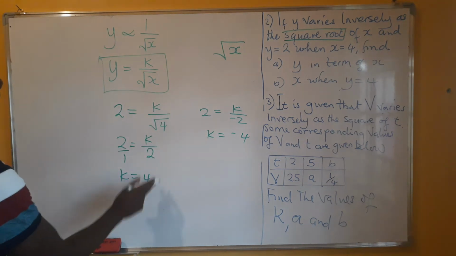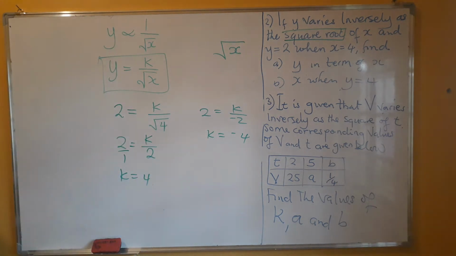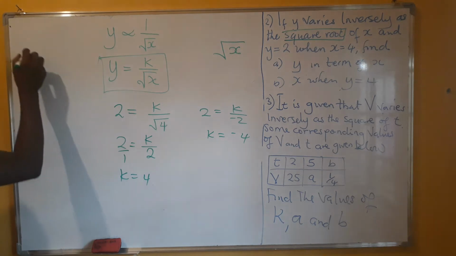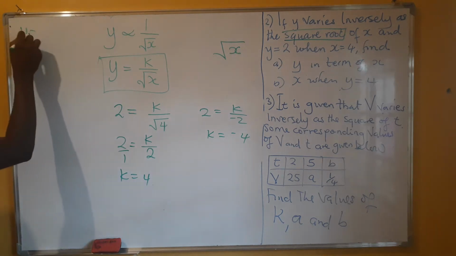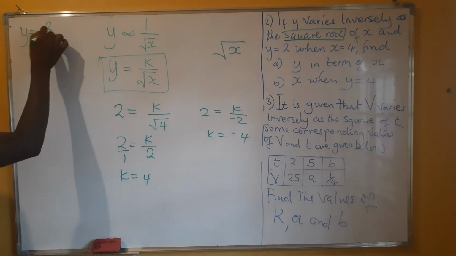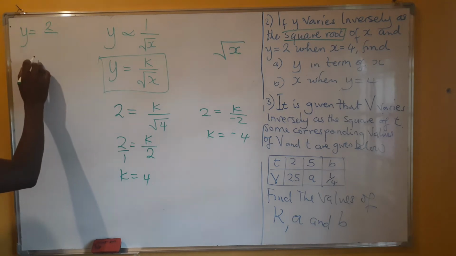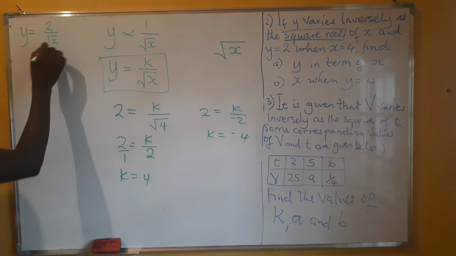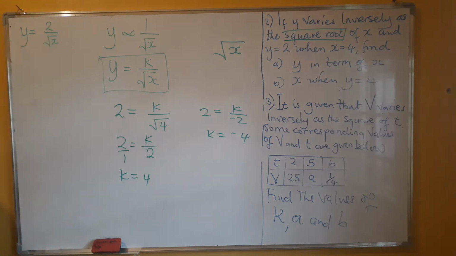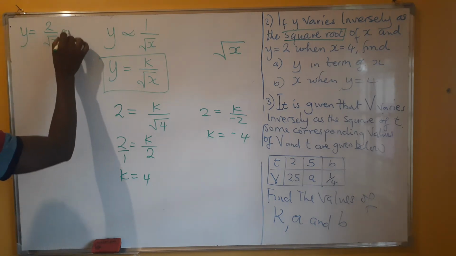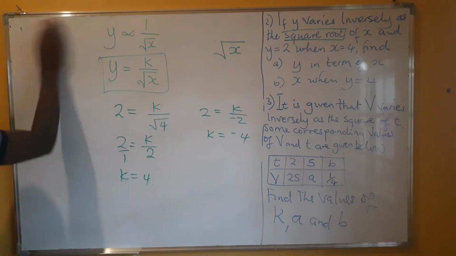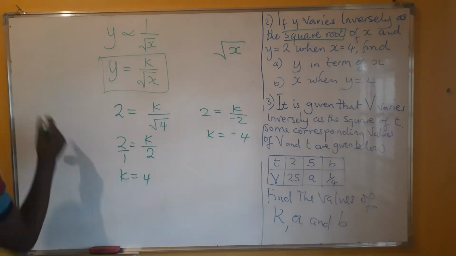So, I'm going back to our equation. I just want to test if we're going to have a true statement. Y is equal to k over the square root of x, where k is 4.